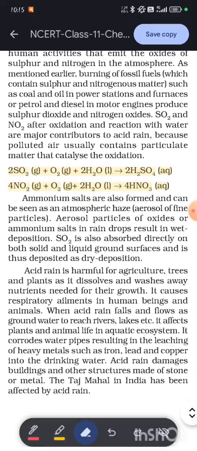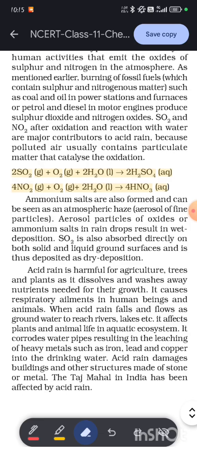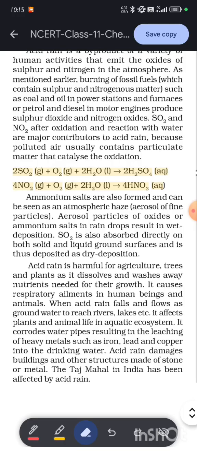SO2 is also absorbed directly on both solid and liquid ground surfaces and is thus deposited as dry deposition. Acid rain is harmful for agriculture, trees, and plants as it dissolves and washes away nutrients needed for their growth. It causes respiratory ailments in human beings and animals.